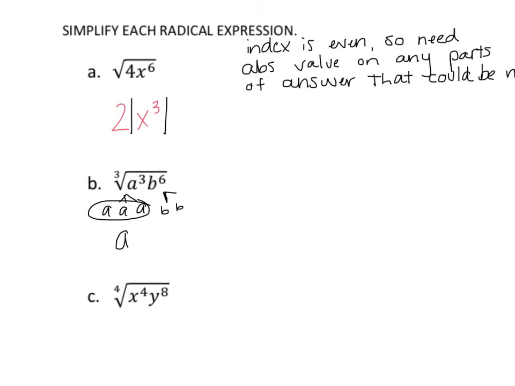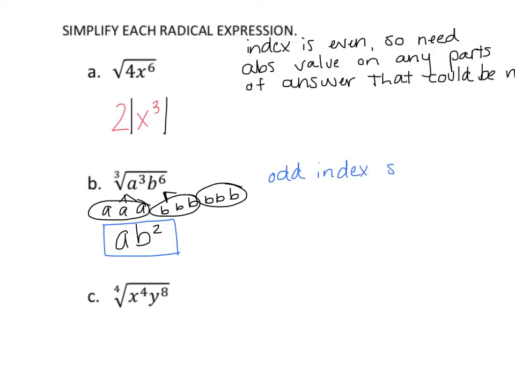Yeah, so if you need to, just list them out. B times B times B. We're looking for sets of 3. So we have 2 sets of 3, so B squared comes out. And did we need to double check the absolute value stuff? No, because it was an odd index. So odd index, so no need for absolute value. Any questions?